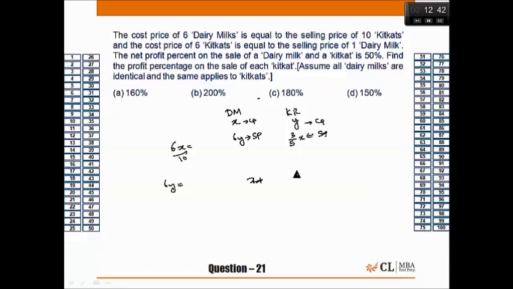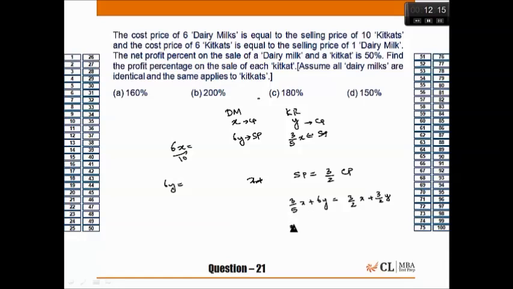So X plus selling price would be equal to 3 by 2 of the cost price. So the selling price, 3 by 5 times X plus 6 times Y, would be equal to 3 by 2 of X plus 3 by 2 of Y.